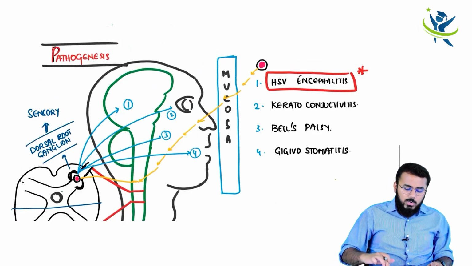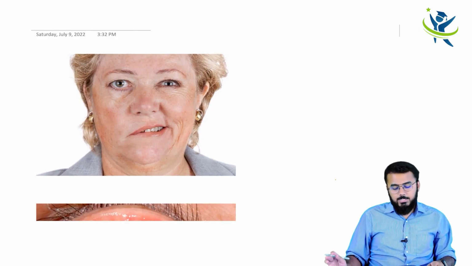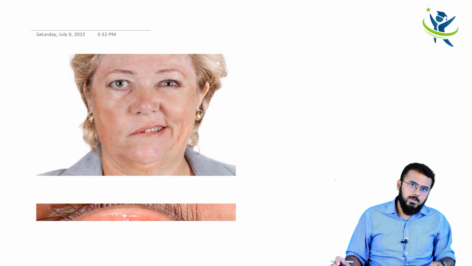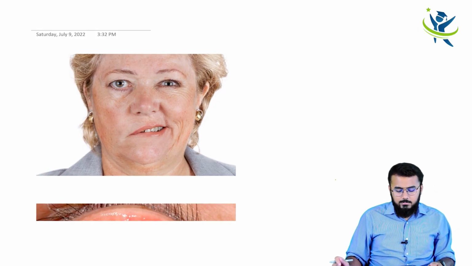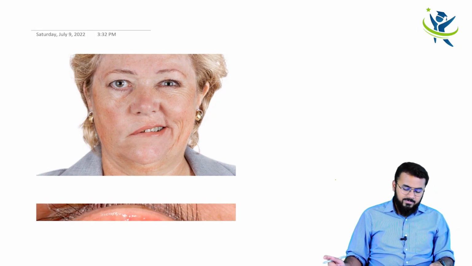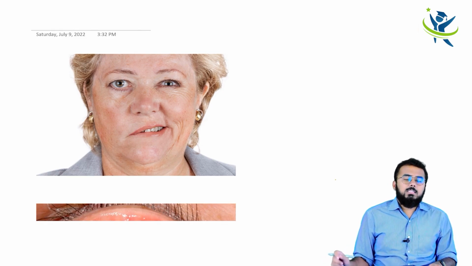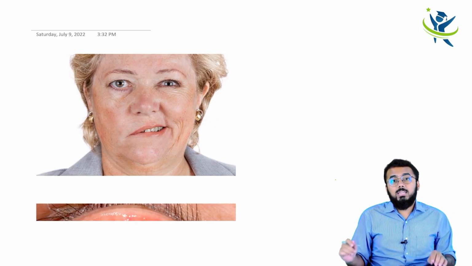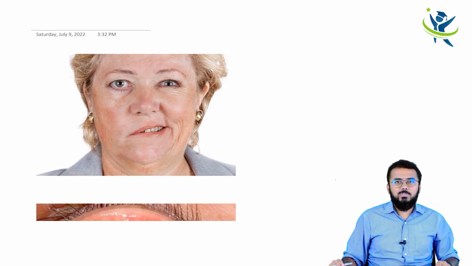Okay, so let us look at the pictures, guys, then you will understand it better. The first picture shows a woman who has been affected with this herpes simplex virus that led to facial nerve palsy. Now you tell me, where is the facial nerve palsy, on the left or on the right? If a patient has facial nerve palsy, you tell the patient to laugh in this way.